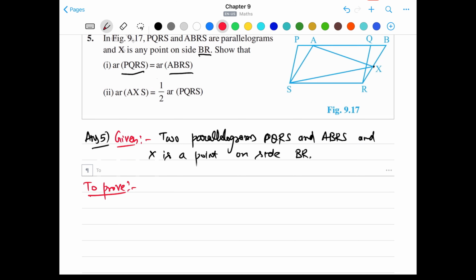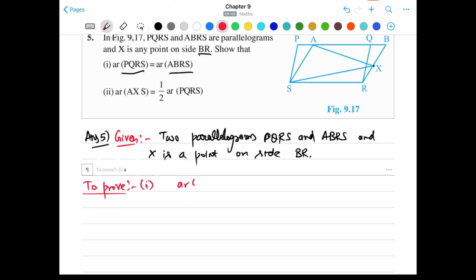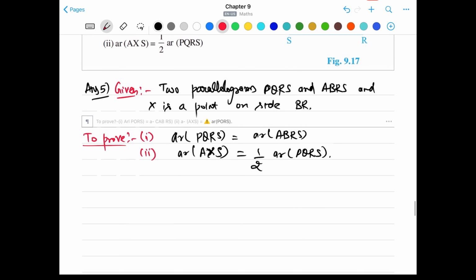To prove: first, the area of PQRS is equal to the area of ABRS, and second, the area of triangle AXS is equal to half the area of parallelogram PQRS.